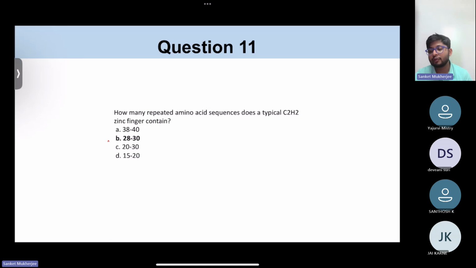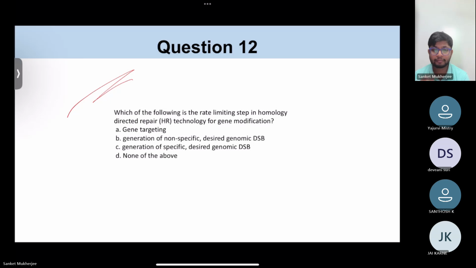Out of which we have already studied that 25 are involved in the loop and 5 are linkers. Anyway, which of the following is the rate limiting step in homology directed repair or homologous recombination for gene modification? Is it gene targeting, generation of non-specific desired genomic double-stranded breaks, generation of specific desired genome double-stranded breaks, or none of the above? This is the question.